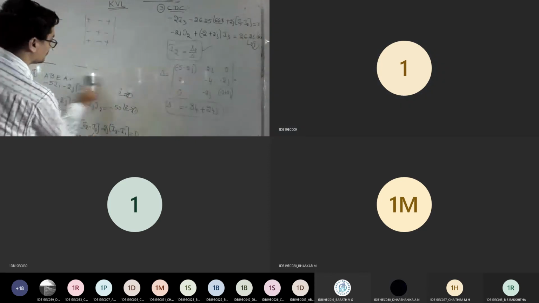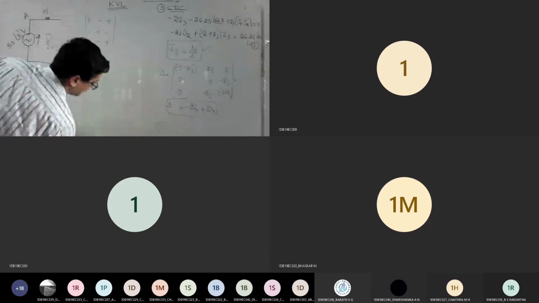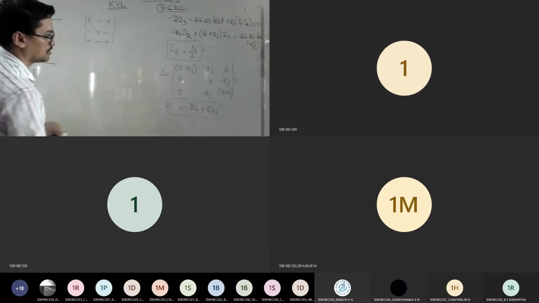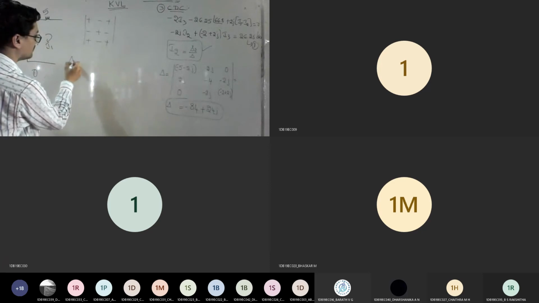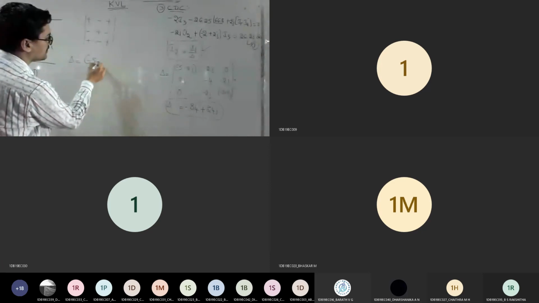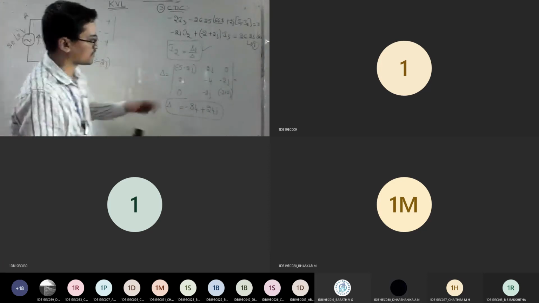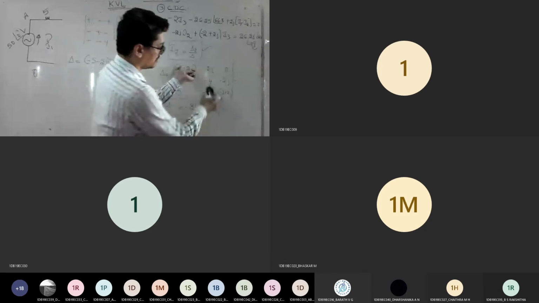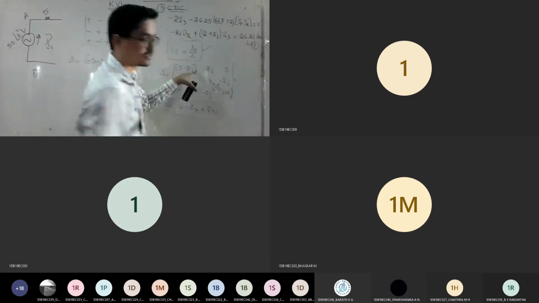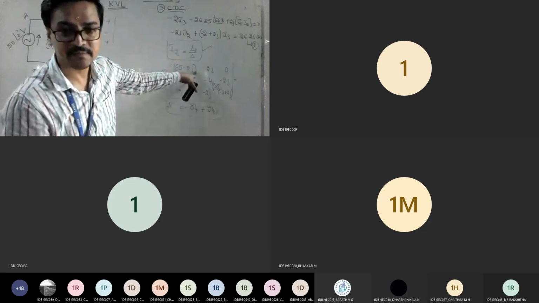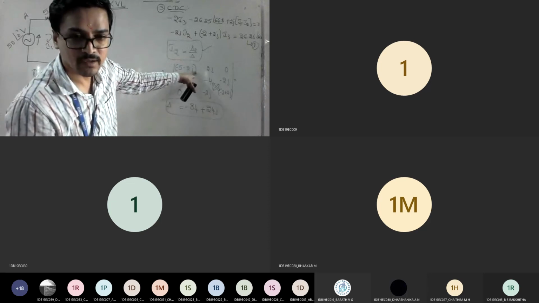That's all, nothing else. So what should you do? Look here, this is the first element, right? To find delta, the first element is minus 5 minus 2j. Into this, you need to cross multiply these two, minus of these two.